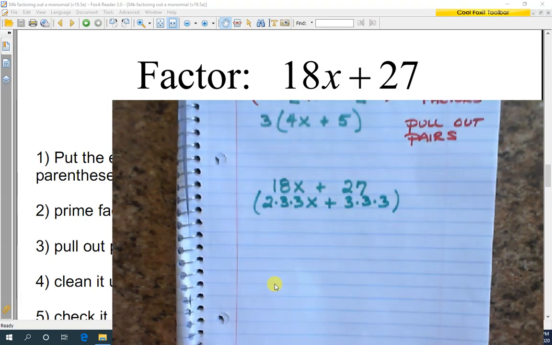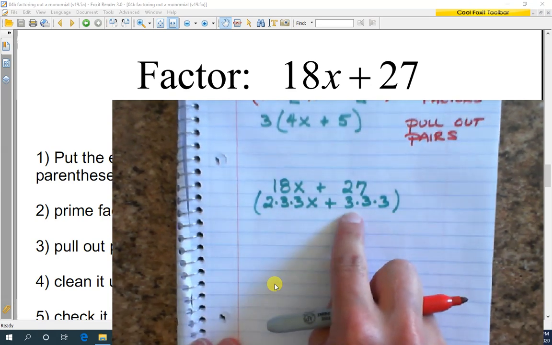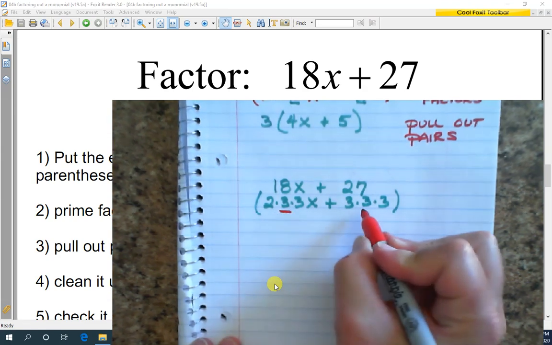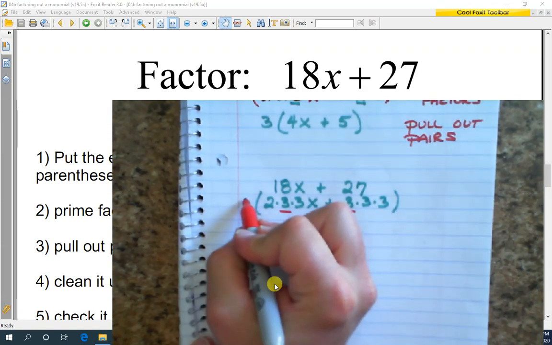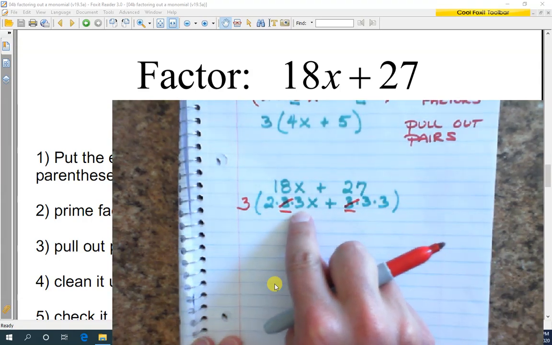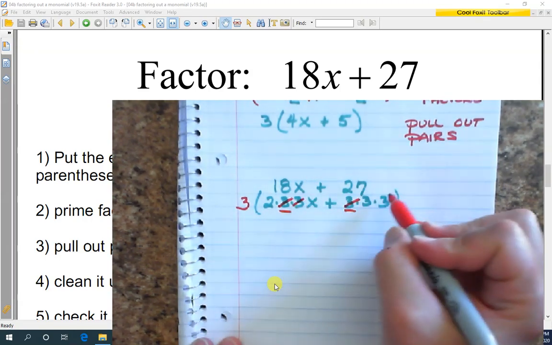So what is common between these things? Well, I have a 2 here, but I don't have a 2 there. So 2's aren't common. I have a 3 here and a 3 there, so I can pull a 3 out. I have a 3 here and a 3 here, so I can pull another 3 out.